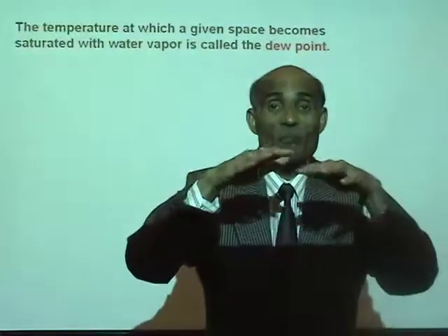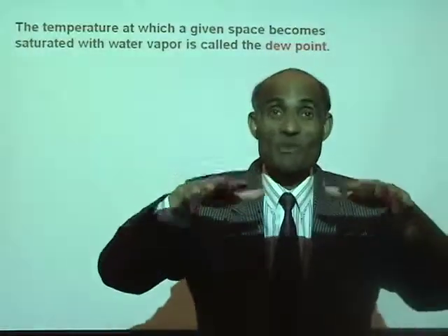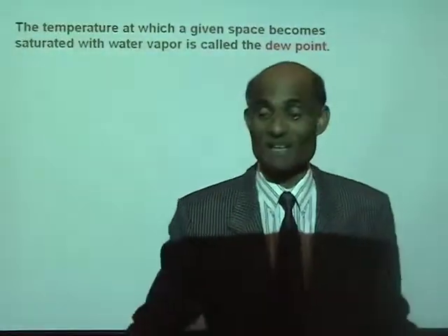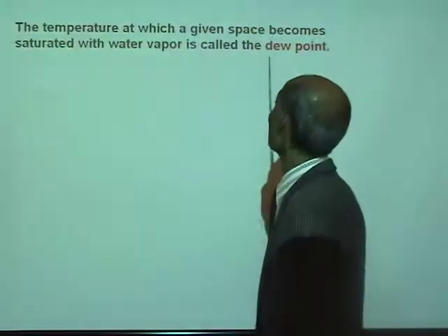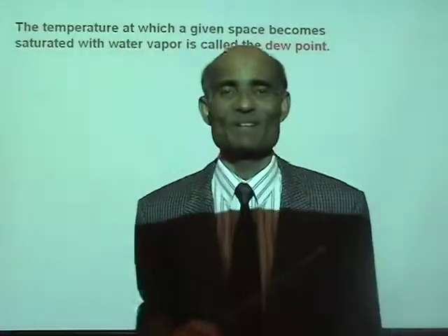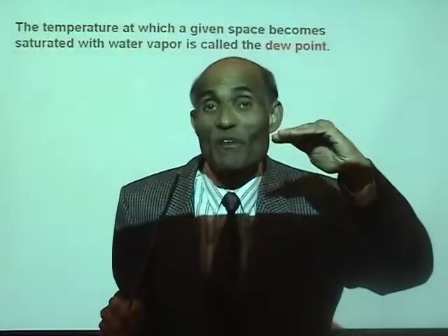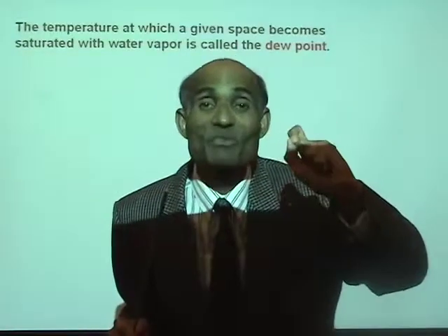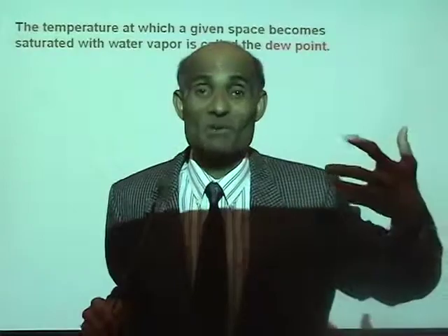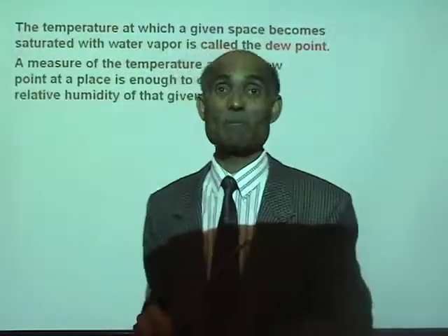A time will come, at a particular temperature, when the amount of water vapor present will saturate the space. That temperature is what we call the dew point. Why? Because if you reduce the temperature any further, condensation will happen, and that is how dew is formed. Dew is the result of condensation.